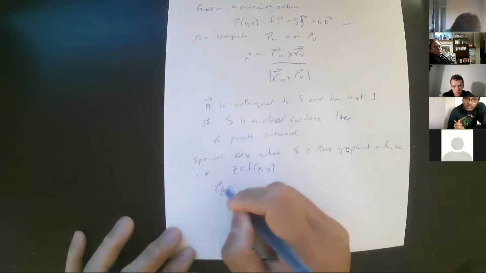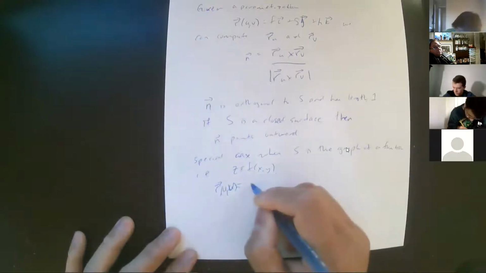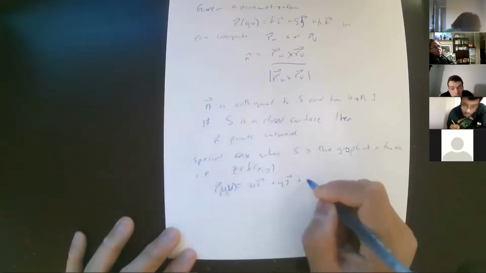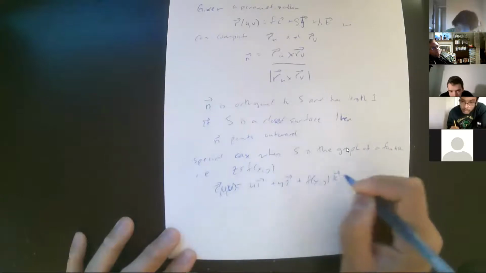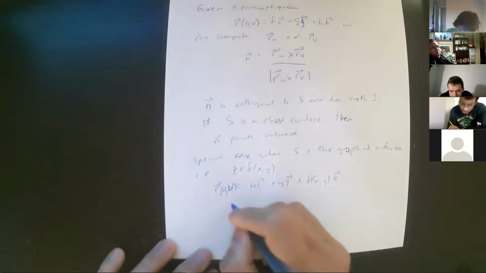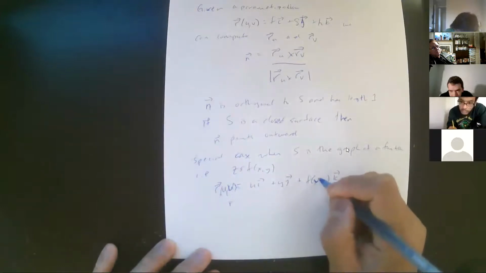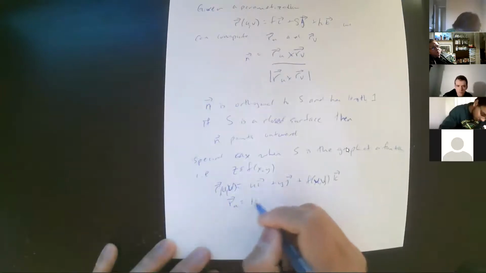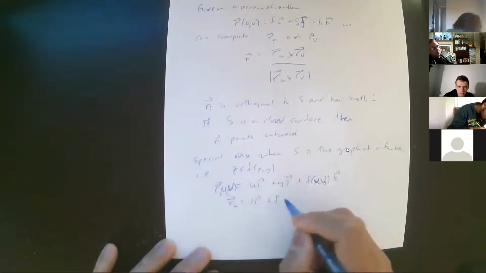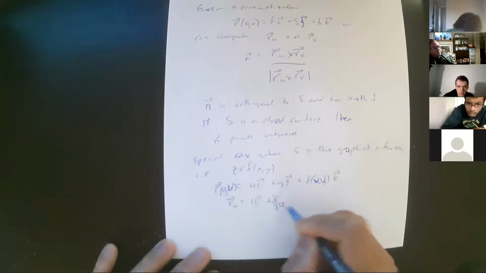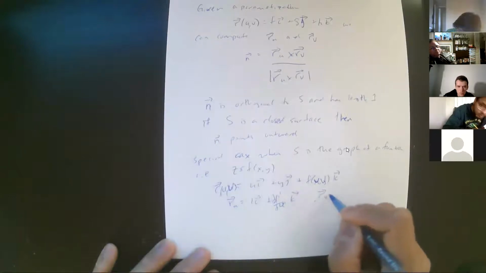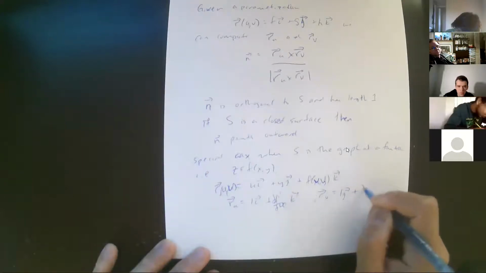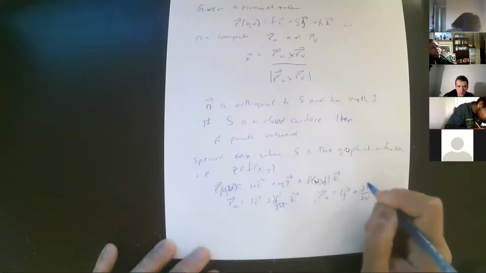R of u, v is equal to u i plus v j plus f of u, v k. Then R_u is equal to 1 i plus df/du k. R_v is equal to 1 j plus df/dv k.